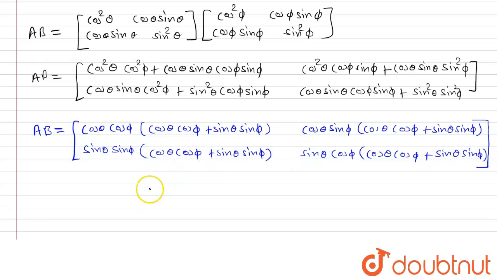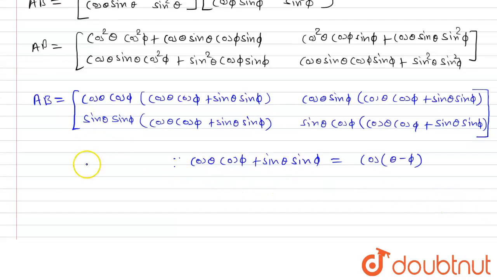Now we know a formula: cos theta cos phi plus sin theta sin phi equals cos of theta minus phi. So we can use that formula here.